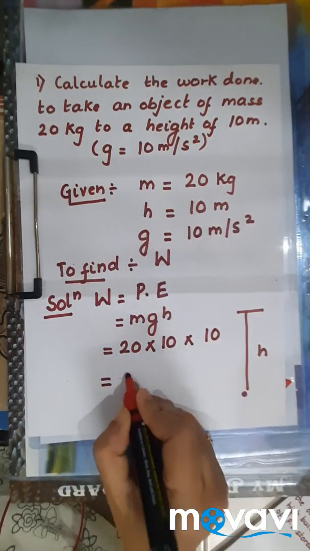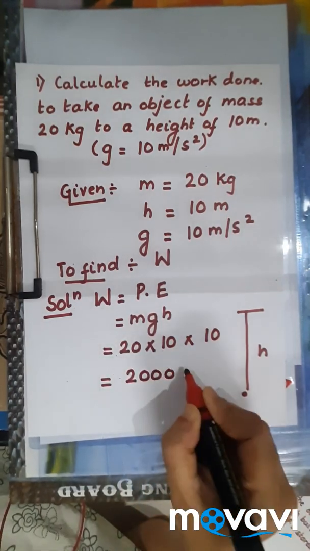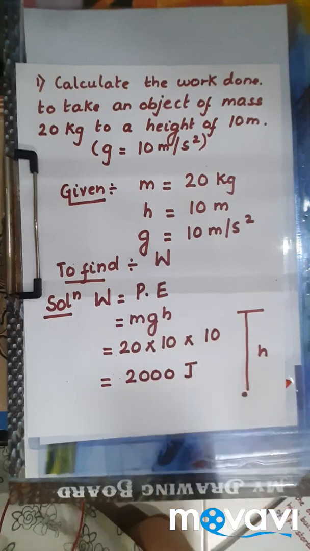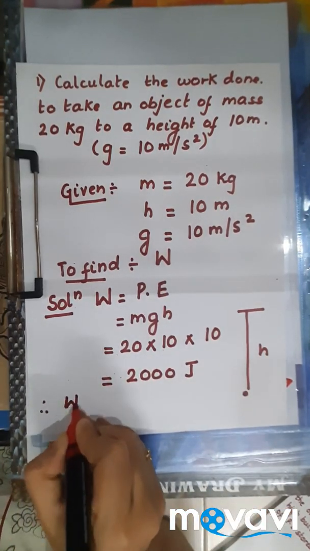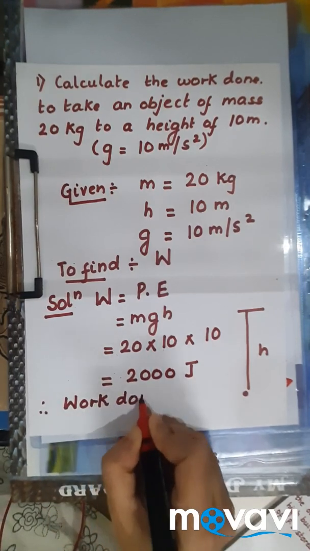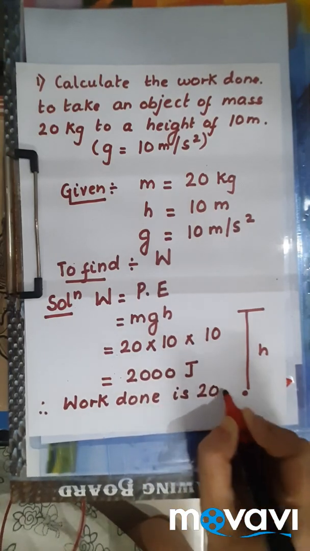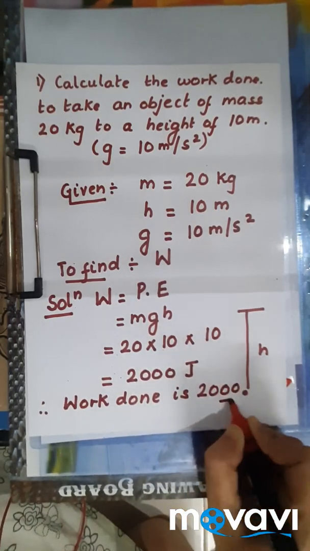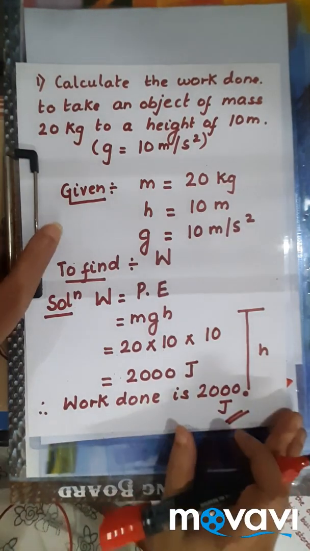So work done is equal to 2000 what? Joule, right? Therefore, work done is 2000 joule. Okay, it's 2000 joule.